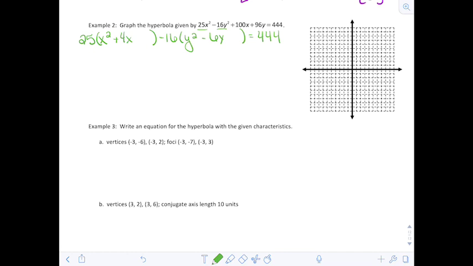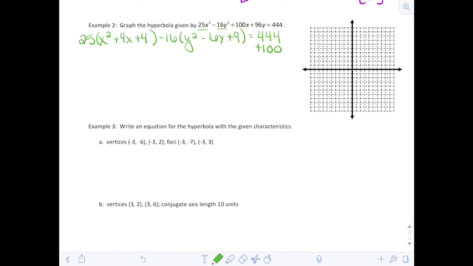So when I take half the b term, half of 4 is 2, and squared is 4, so that's plus 4. But when it's 25 times 4, that's 100. So I'm actually going to come over here and add 100 to the right-hand side as well. When I take half of -6, that's -3, and squared is 9. And then when I do 16 times 9, that's 144.